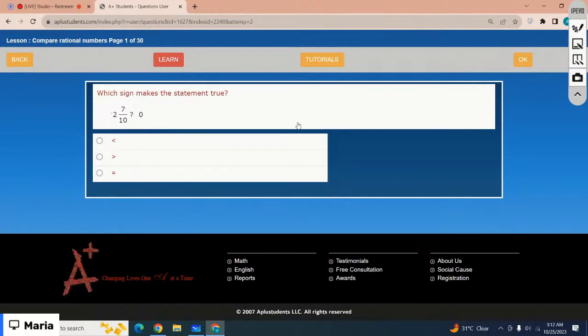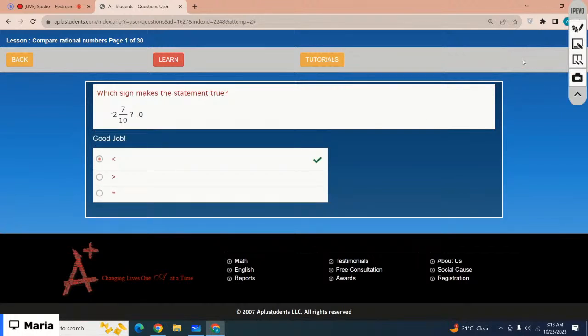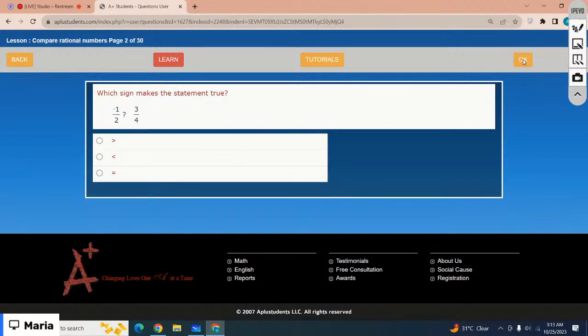So negative 2 whole 7 over 10 is less than 0.